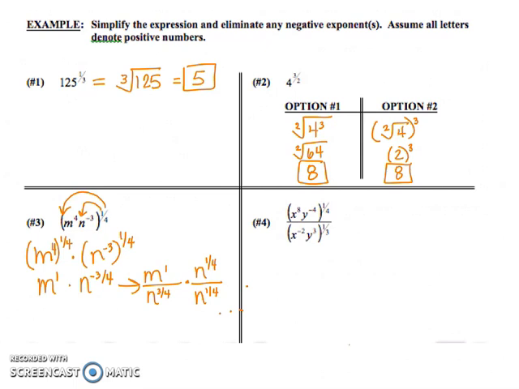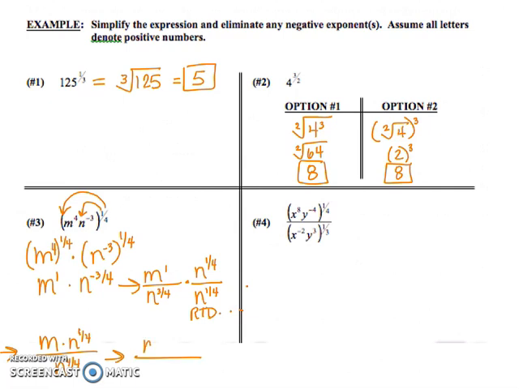When we do that, I'm going to label this RTD for rationalizing the denominator. We're still going to have that m to the 1st power on the top, and now we're going to have n to the 1/4 power that we introduced. But in our denominator, we're going to have n to the 4/4 power, which is just n to the 1st.